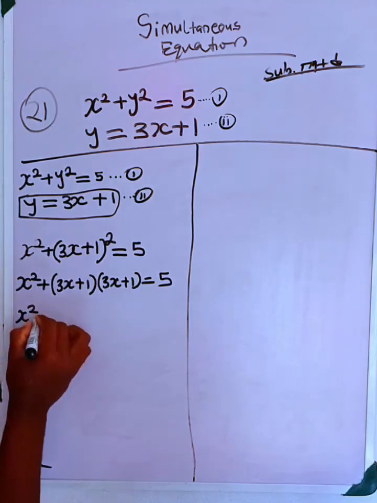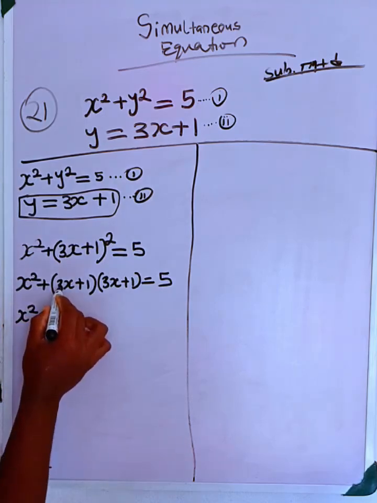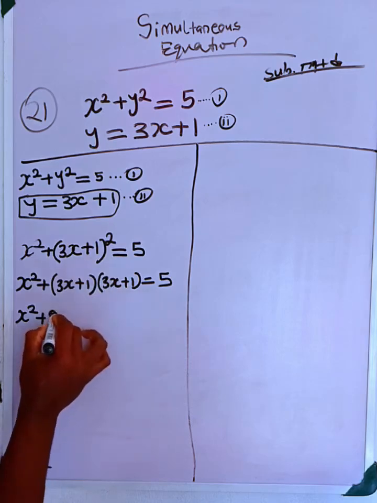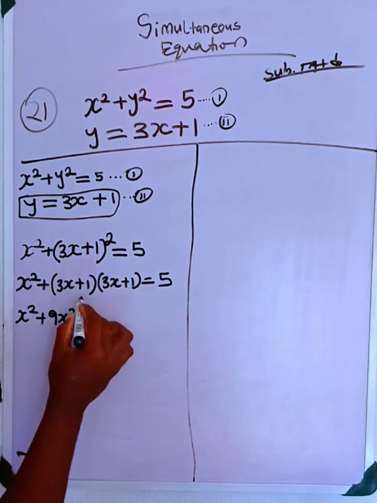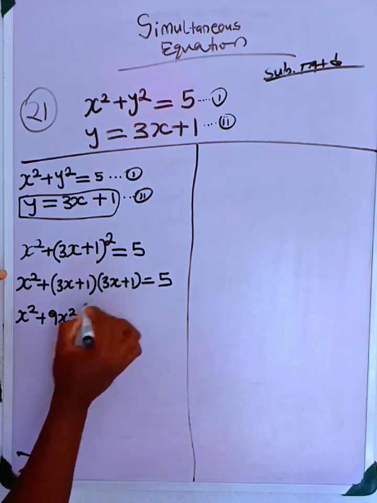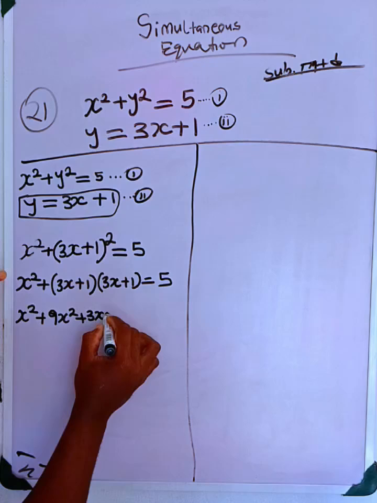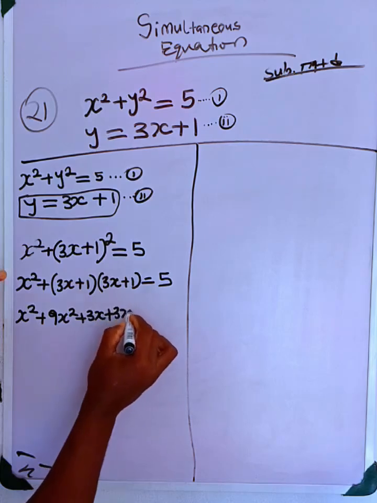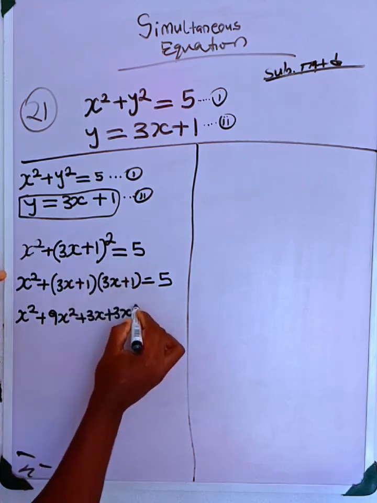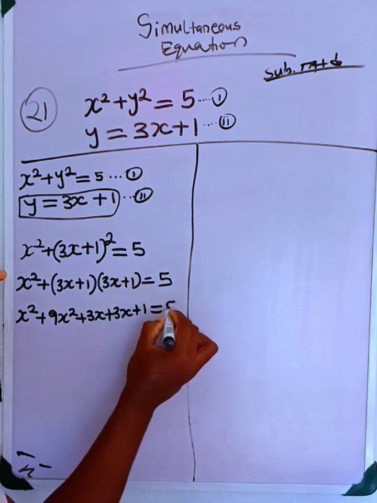We still have x squared plus 3x times 3x, which gives 9x squared. Are you following? 3x times 1 gives 3x. 1 times 3x gives 3x. 1 times 1 gives 1, equals 5.